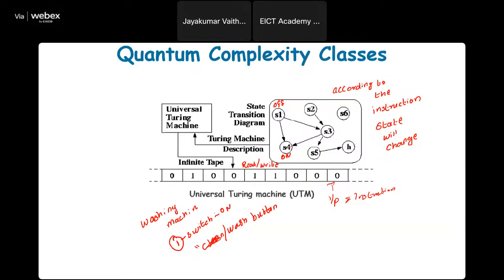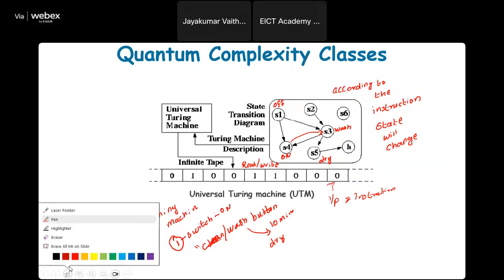So it will go from on state to some other state, the wash state. From the wash state, if you set 10 minutes, it will go to dry. So from wash, it will go to dry. This is the physical state we are representing in a logical way. Your computer also does the same thing. Each and every time, your input data will get changed according to the process. So this is the abstract model.